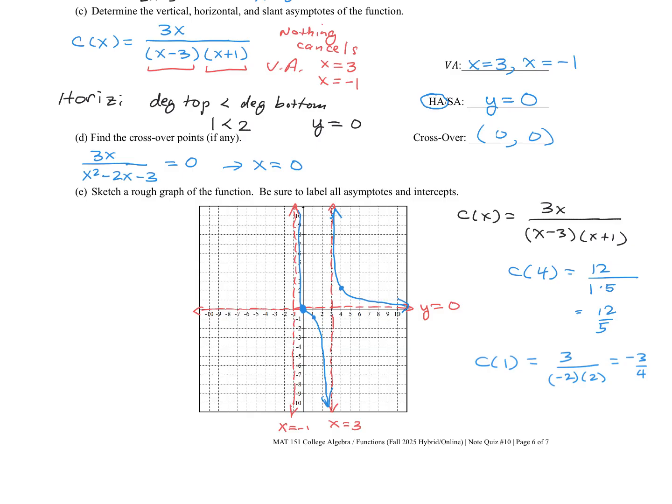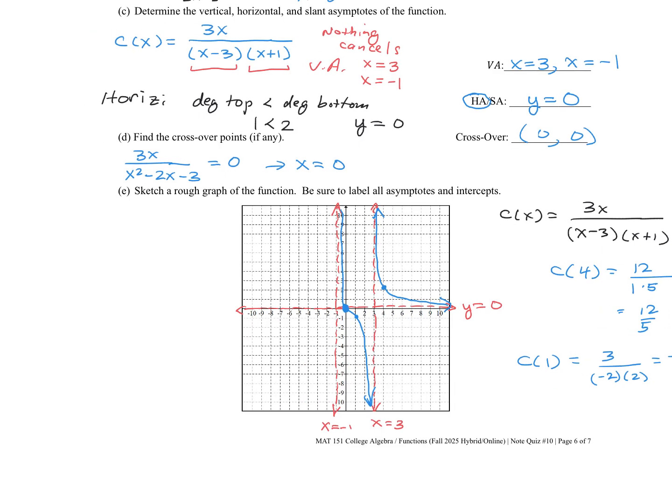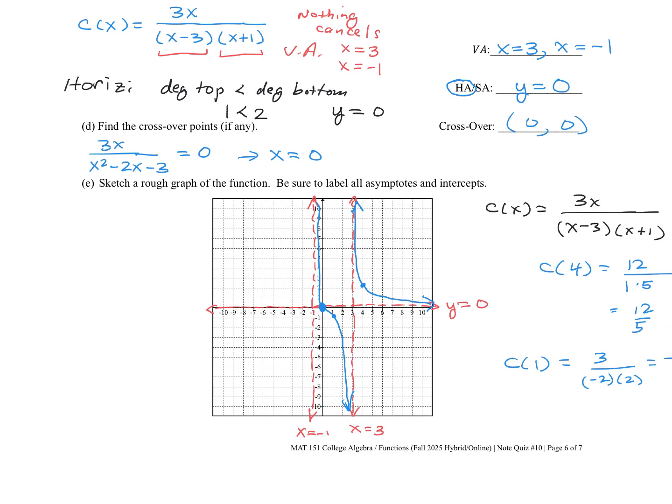Remember again, these are smooth, so don't draw sharp, jagged things. And then finally, I need to find out what's happening on the other side, on the left. Let's calculate c of -2. C of -2 is going to be 3 times -2 divided by -2 minus 3 times -2 plus 1.